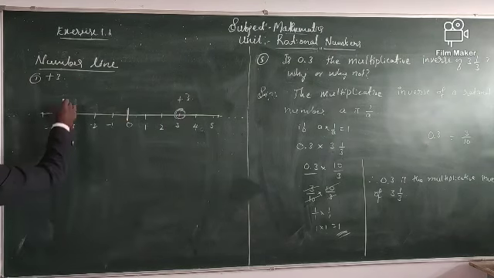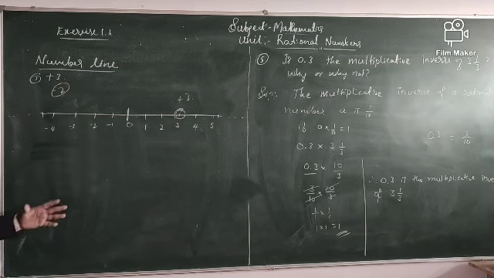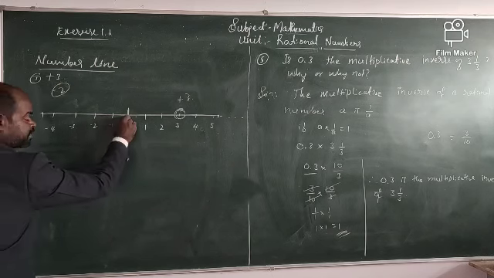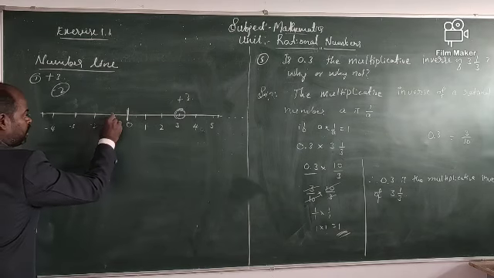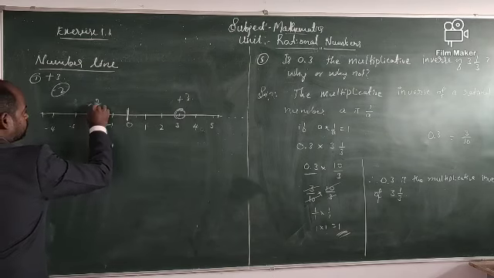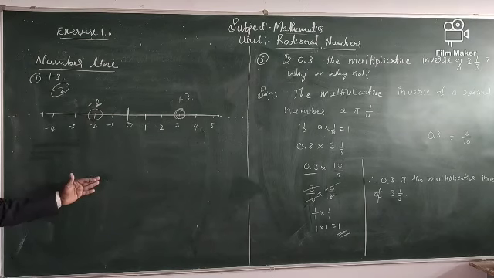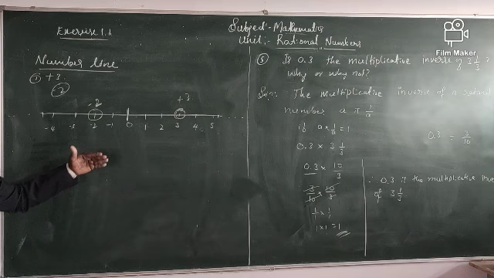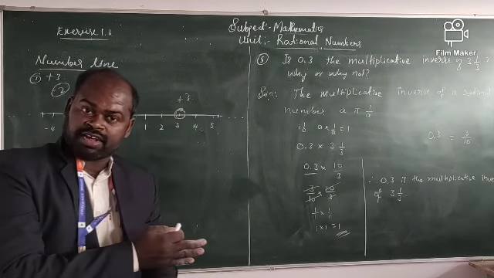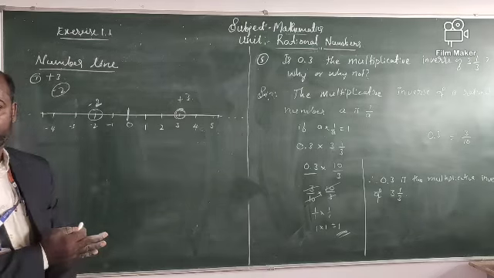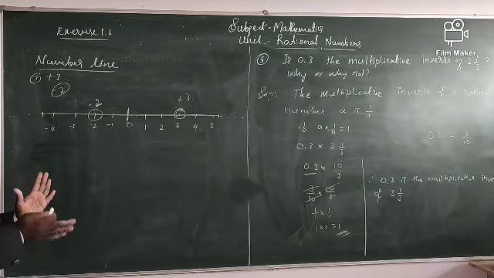Next, represent minus 2 on the number line. To the left of 0 numbers are negative: 1, 2. This is minus 2. Are you clear? Up to this we learned in the last classes, that means last year. But this year we are splitting.